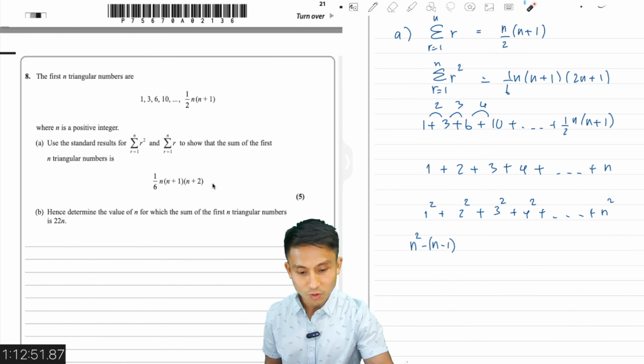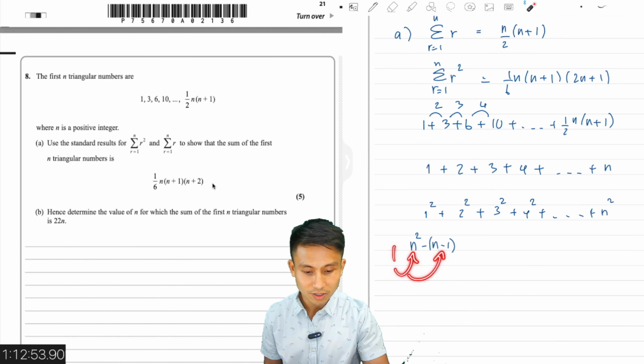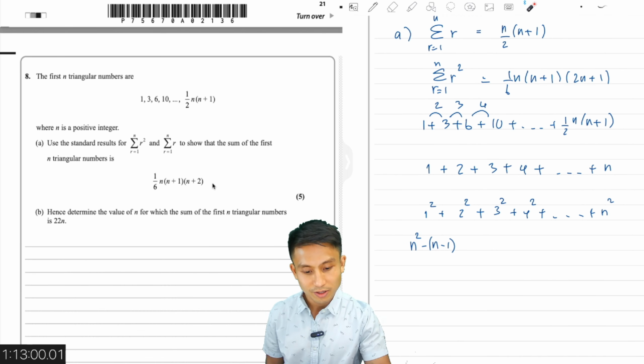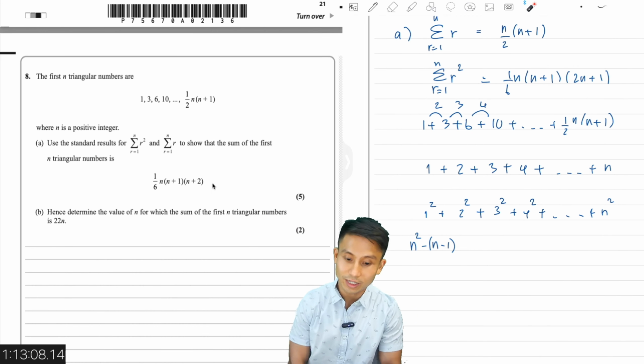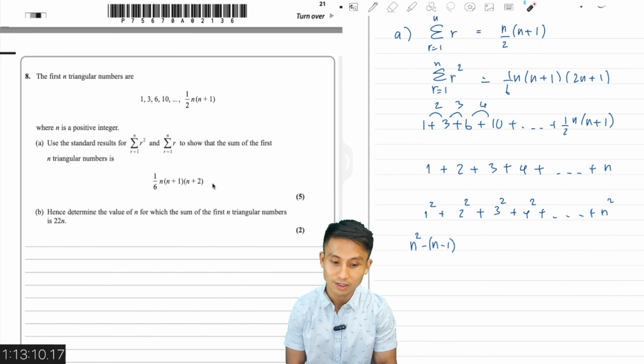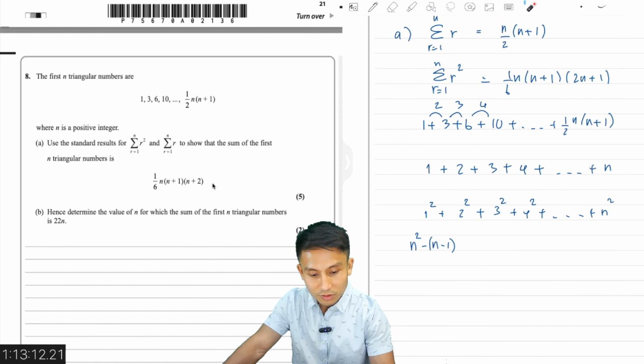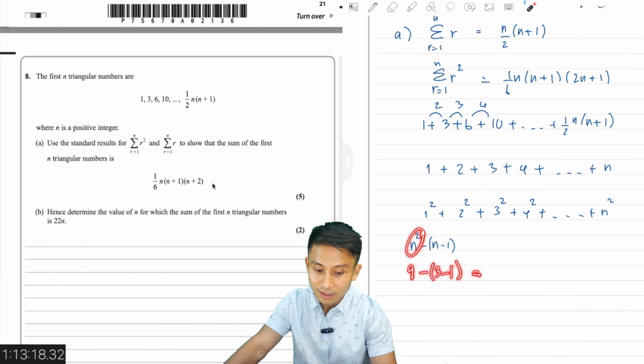So if n equals 1, it would be 1 minus (1 minus 1), so that's 0. If n equals 2, that would be 2 squared minus 1. We get 3, yeah. What about 3 squared, which is 9, minus 3, minus 1? Is it 6?